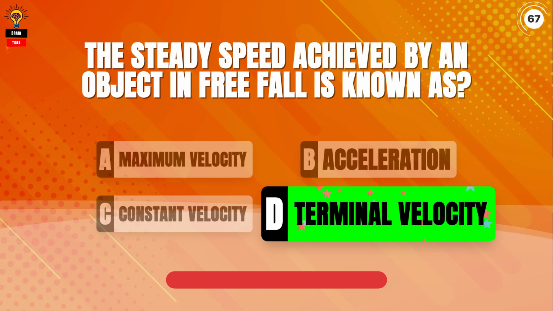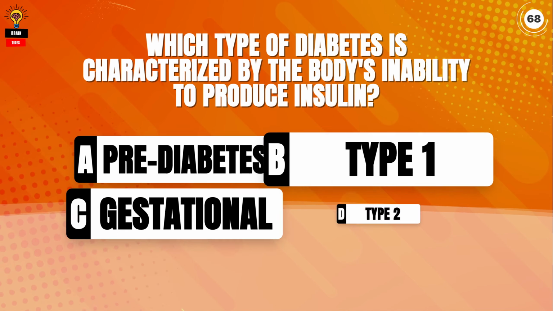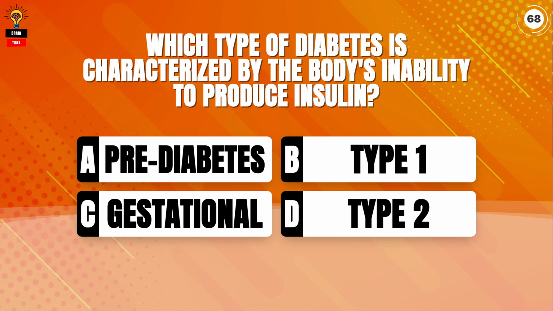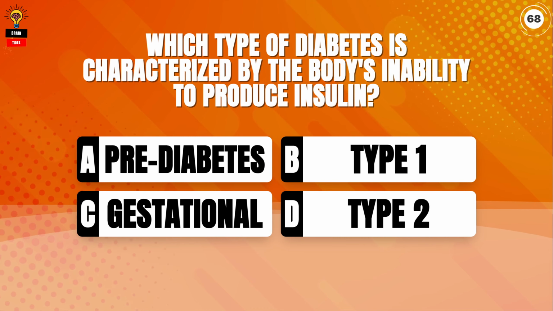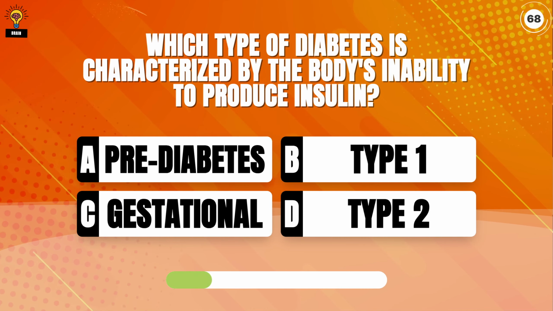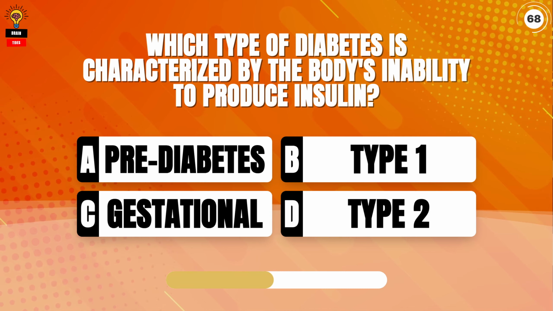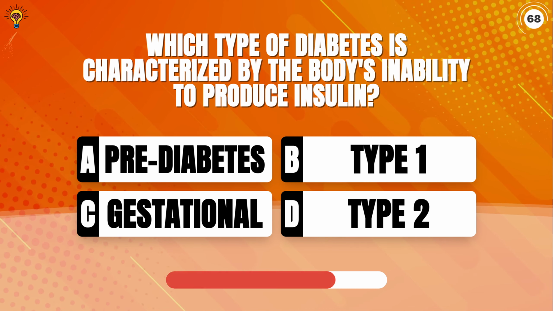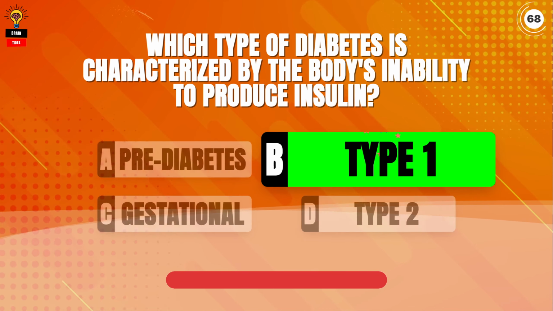Terminal velocity. Which type of diabetes is characterized by the body's inability to produce insulin? Type 1.